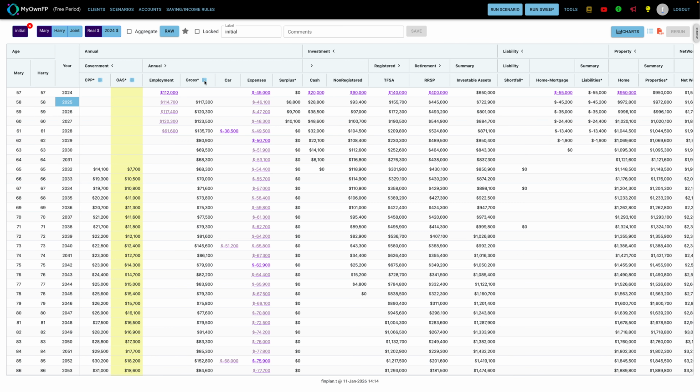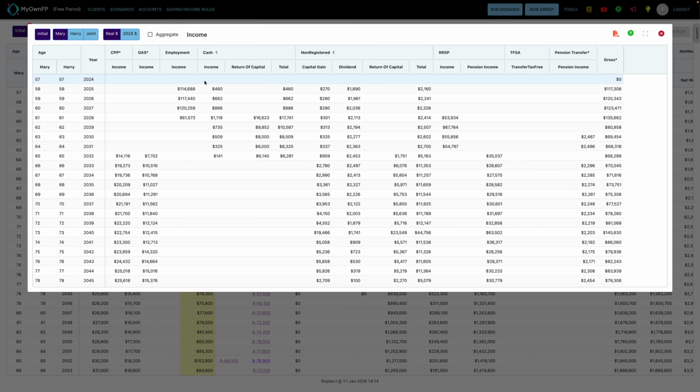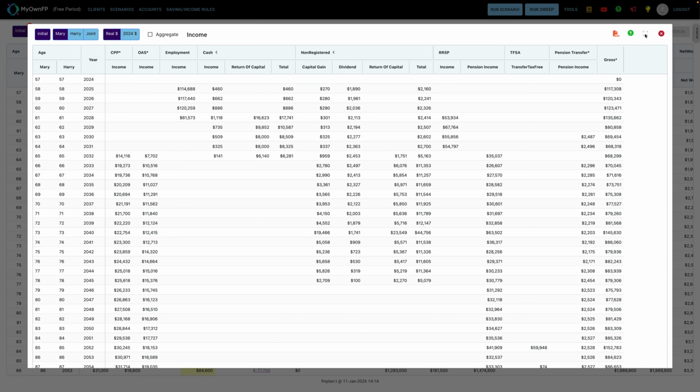The other one that's a little bit more interesting is gross. So now we're going to look at the gross income grid. So this is all the information that you have for what is into gross. So this is the main column over here that you're going to see in the main chart.